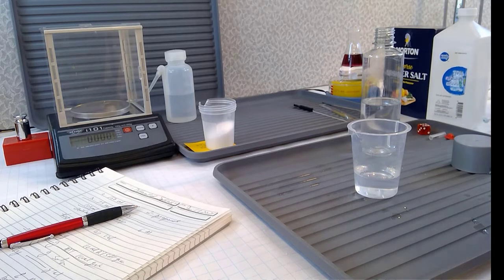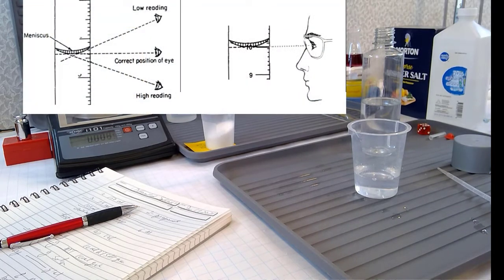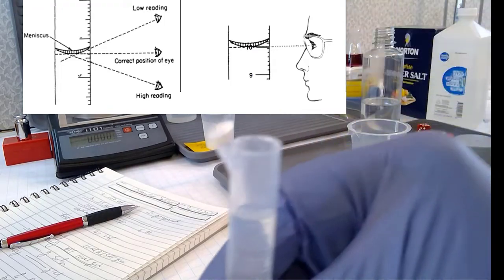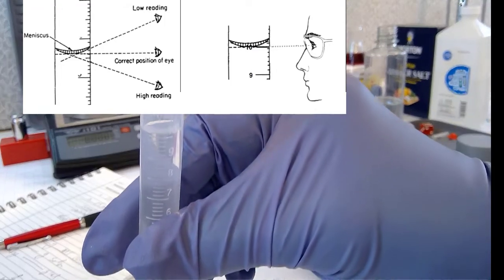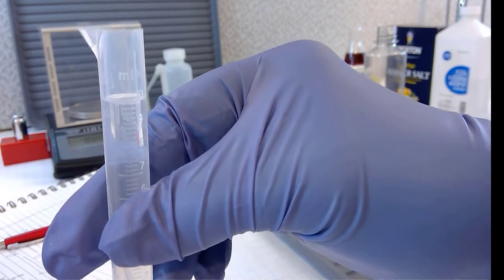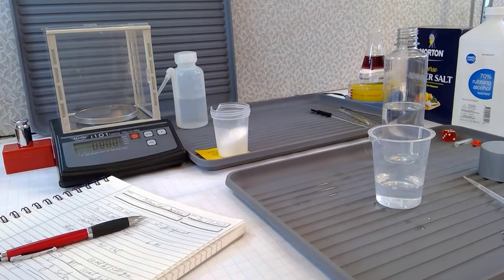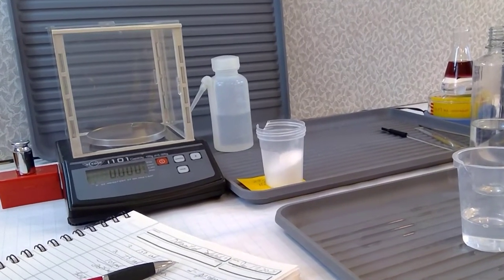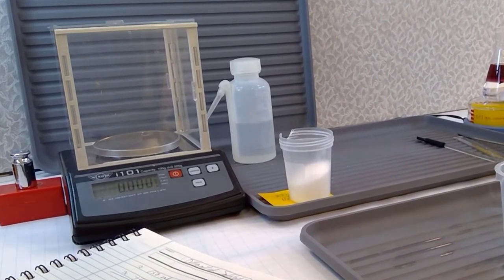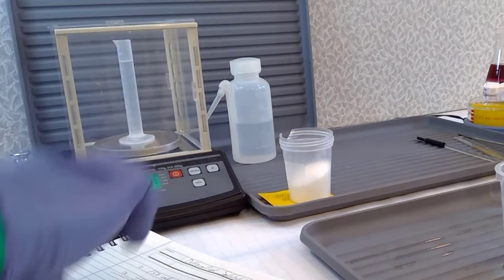Oh, I got it. There we go. Bottom of the meniscus is right on that line. I'm not sure how well you can see it there because of the focus, but when you level this out, that bottom of the meniscus, we have a definite meniscus on this, is at that 10 ml mark. So let's see. I didn't get any on the sides. There's no drops hanging anywhere. That we have 10.0 according to this graduated cylinder.